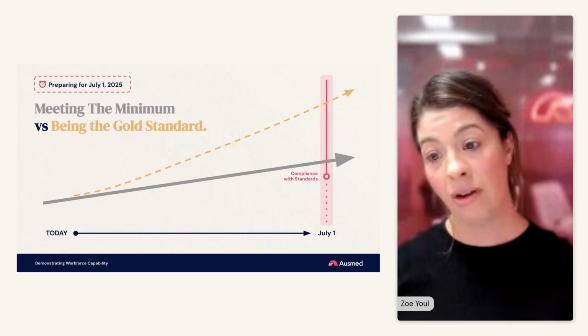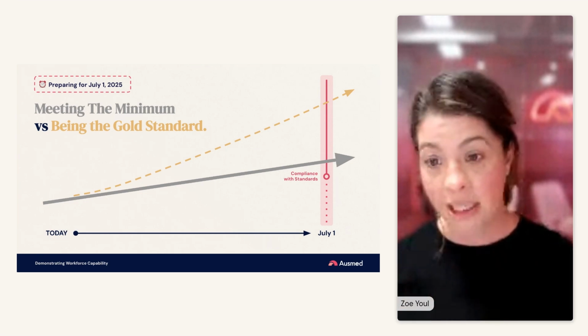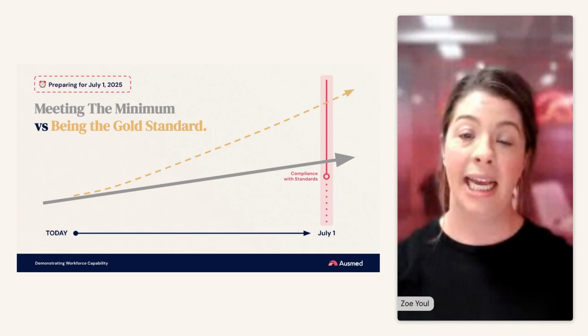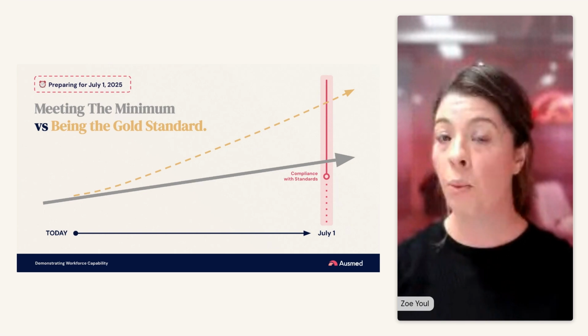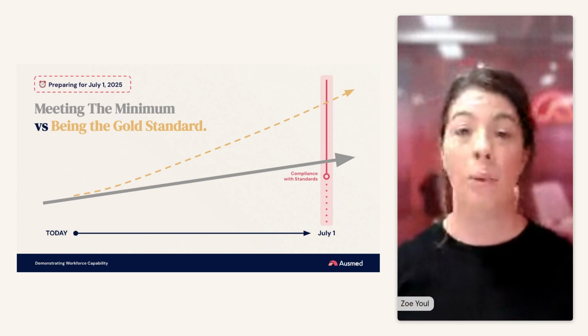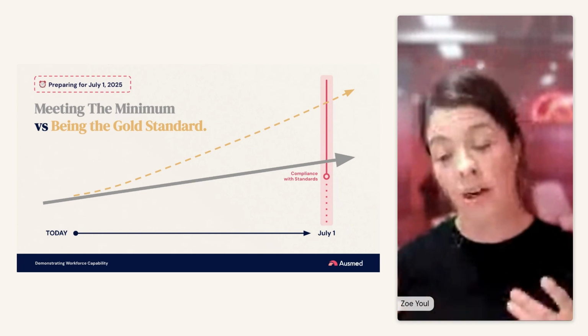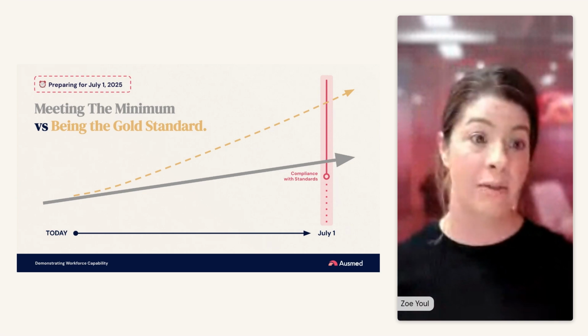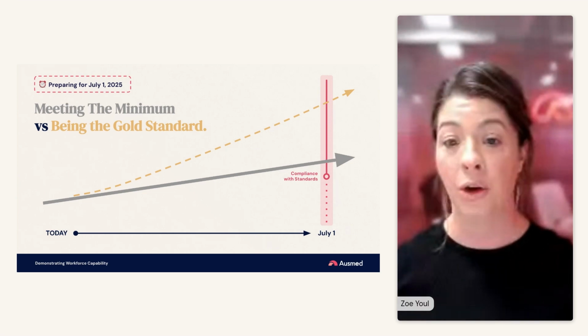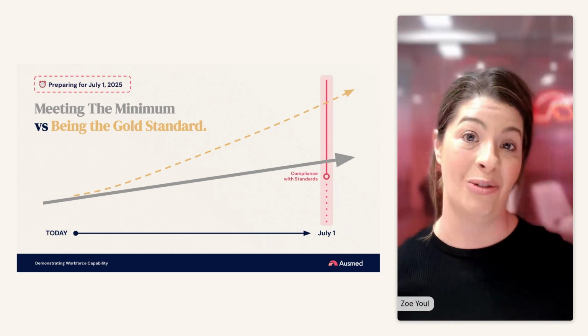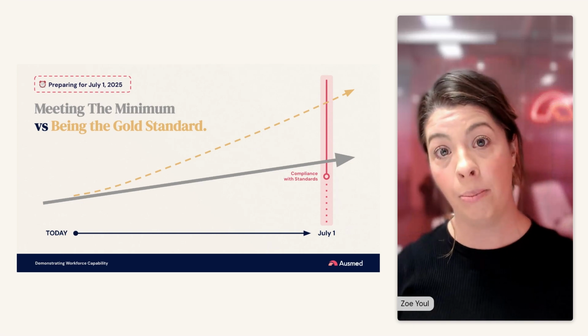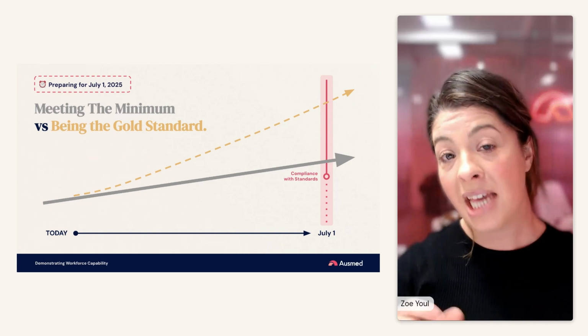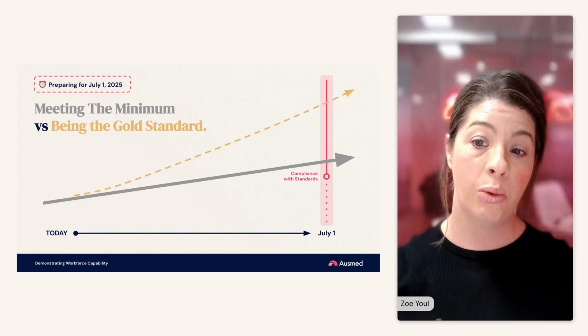But this is your invitation. This moment, this opportunity right now is the chance to think bigger. We can't do everything at once, but we can hold a vision. We can identify what's that place for our organization. Where do we want to go? And that's what we're here to do, all right? We're here at AusMed to help partner with you and to take those small steps over time towards that goal.